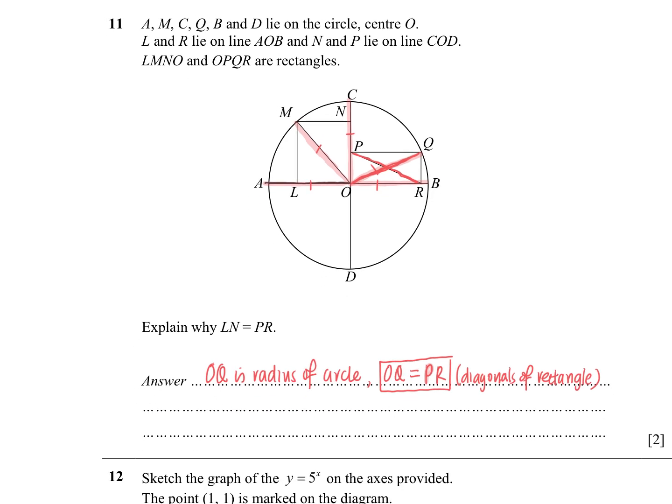So I can confidently say that OM, which is equal to LN because they are diagonals of a rectangle, also happens to be equal to PR, since they are both radius of the circle.